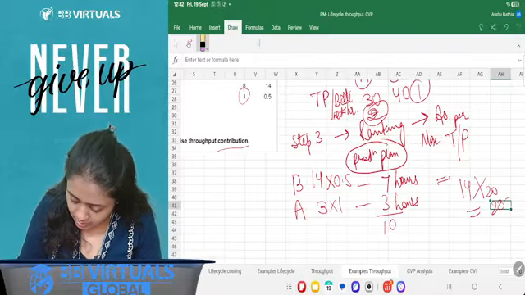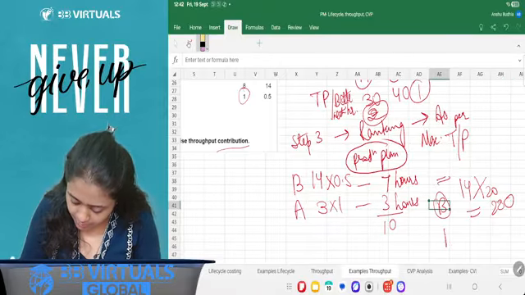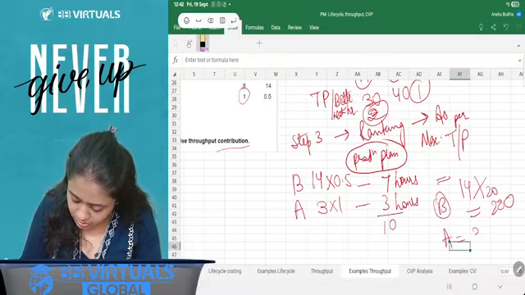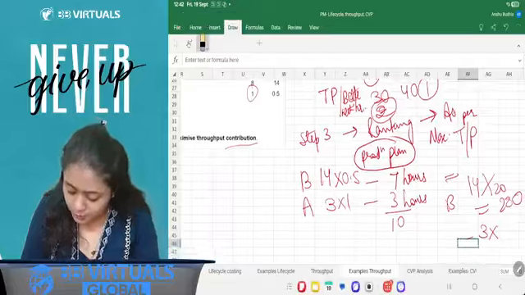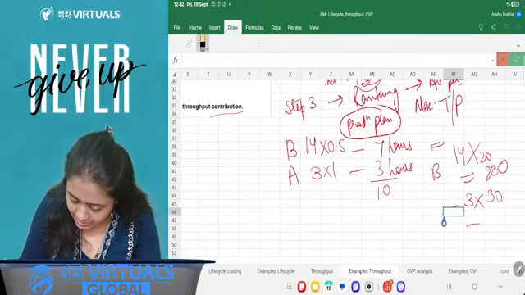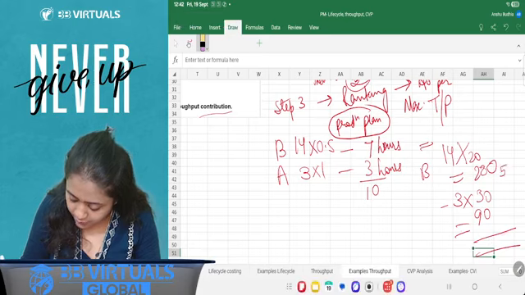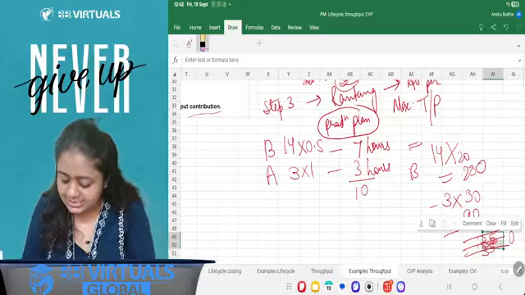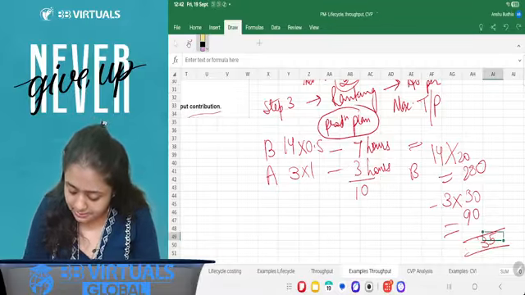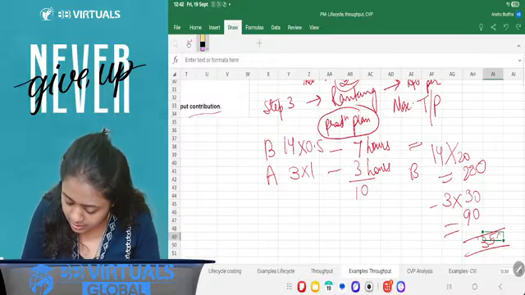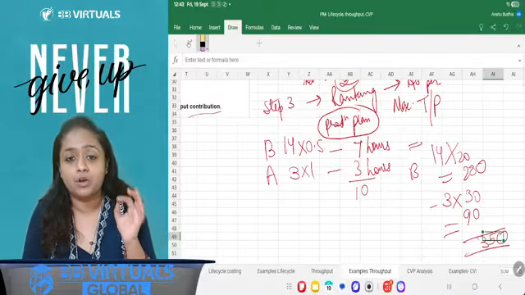Yeah, 280. This is for product B. For product A, it will be 3 units multiplied by 30. 30 is the throughput per unit. We get 90. So total we get maximum is 350. That means this is the maximum throughput that we can have. This is the maximum throughput contribution for product A and B given the bottleneck process 2.